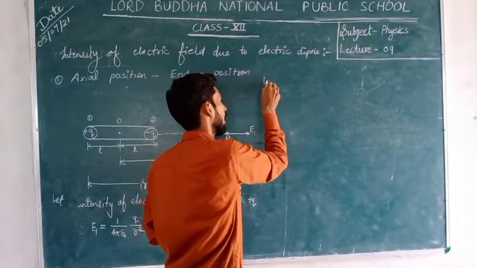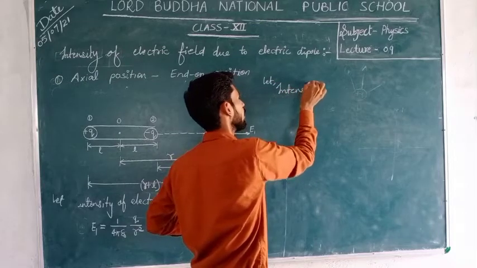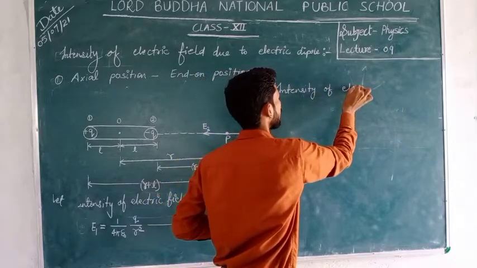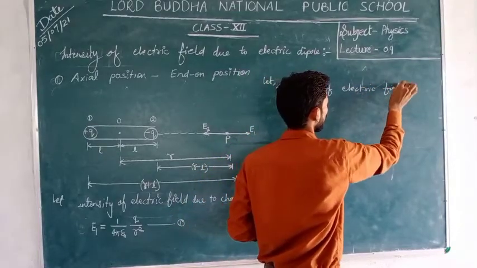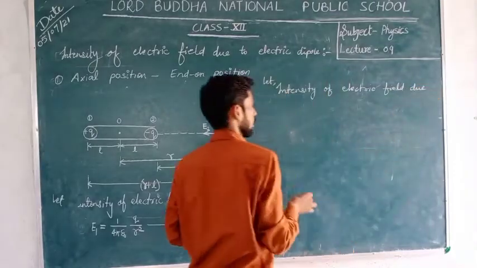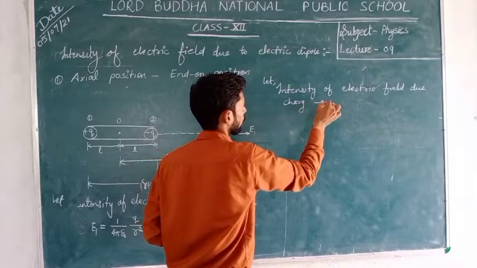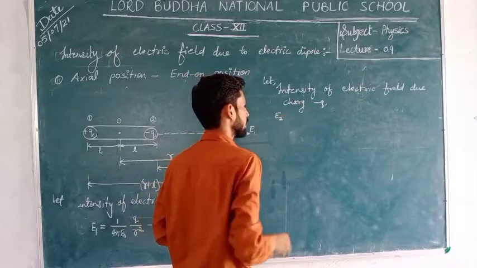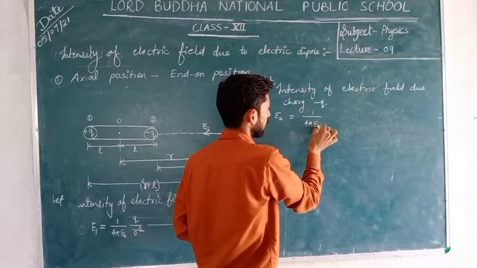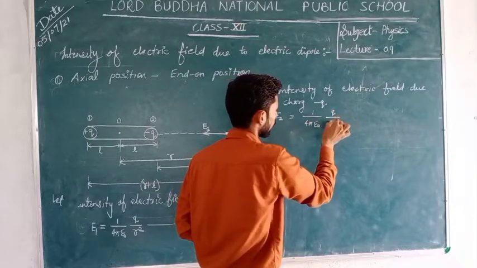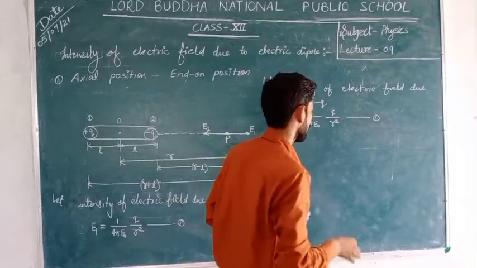Let the intensity of electric field due to charge minus q be E2. In this condition, E2 equals 1 upon 4 pi epsilon naught times q by r square. That is equation number second.